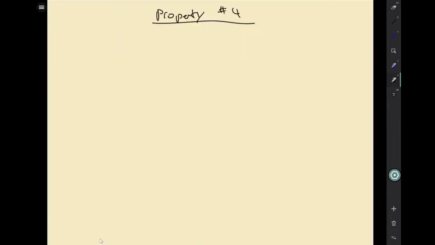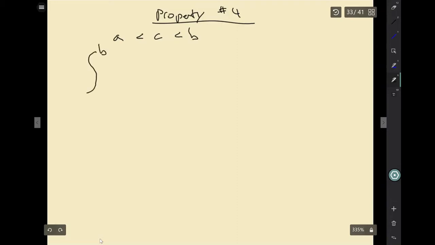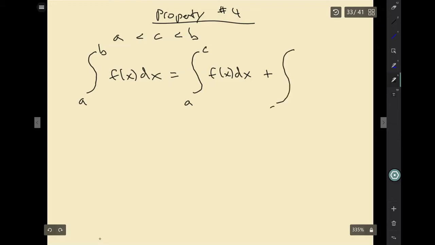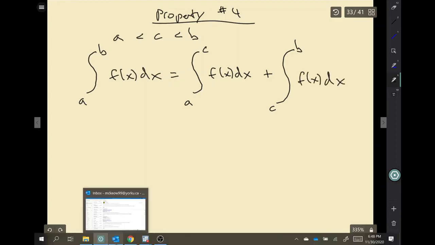Now, property number 4. If I have, say, a is less than c, and c is less than b, and I've got the integral of some function, I could write this as the integral from a to c of f of x dx plus the integral from c to b of f of x dx.